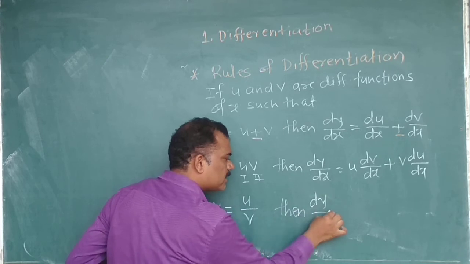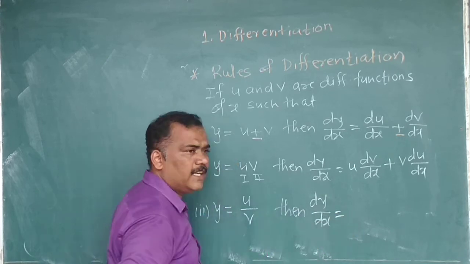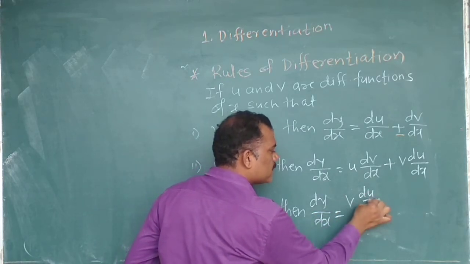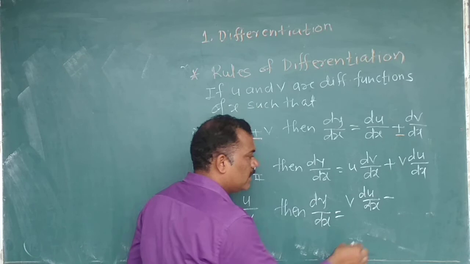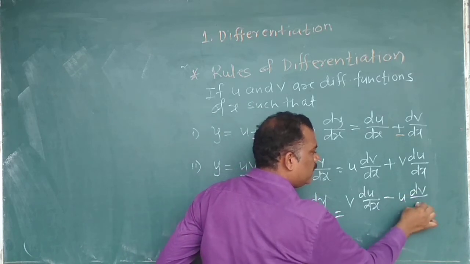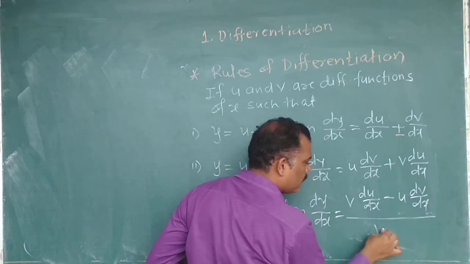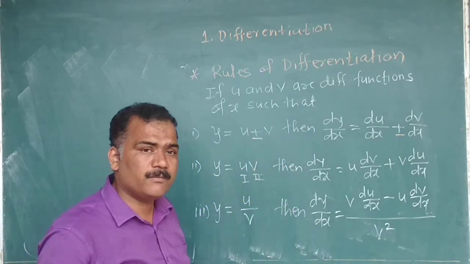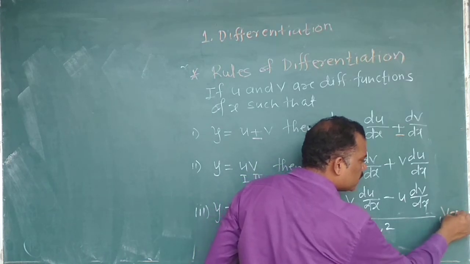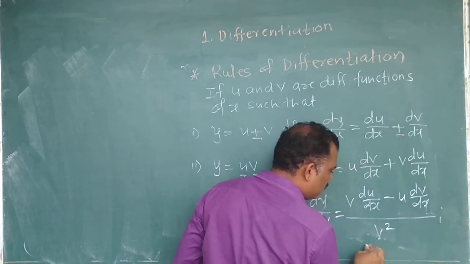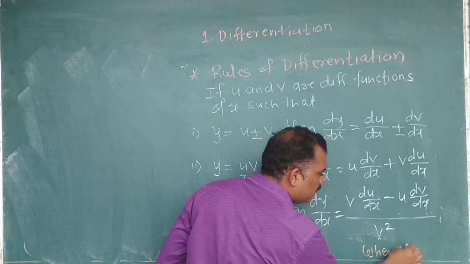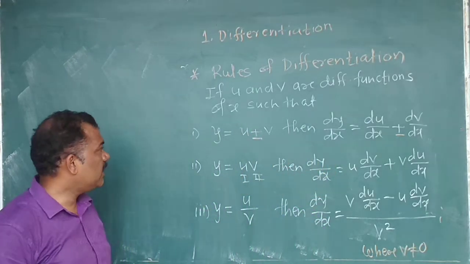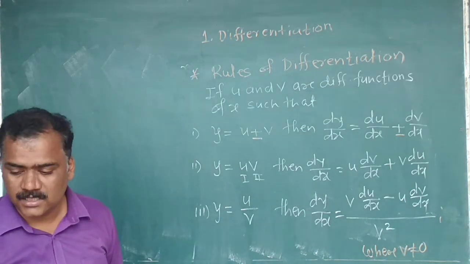Then dy by dx is equal to v into du by dx minus u into dv by dx, divided by v square. Here v must be not equal to 0. Okay, these are the rules of differentiation.